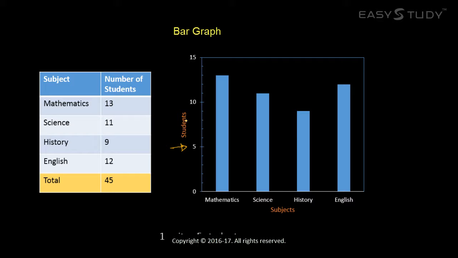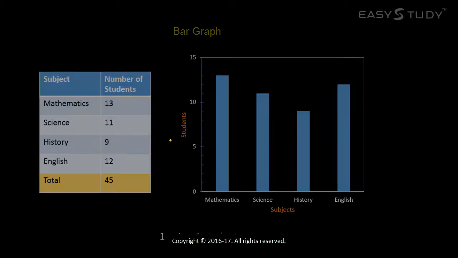Now, let's look into how we can plot a graph when the data is grouped. This is again the same table we have seen earlier. It shows class intervals for marks and number of students who have obtained the marks in that class interval.